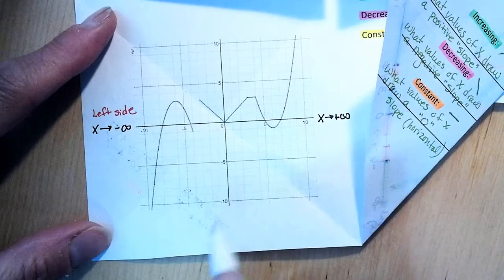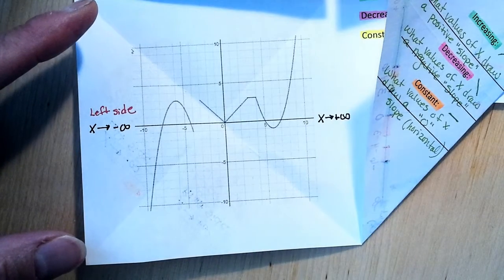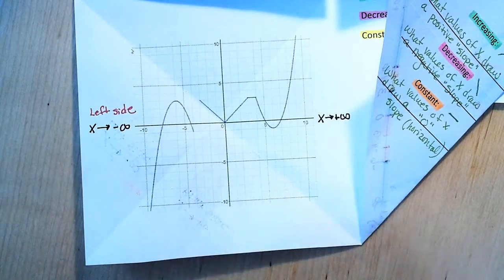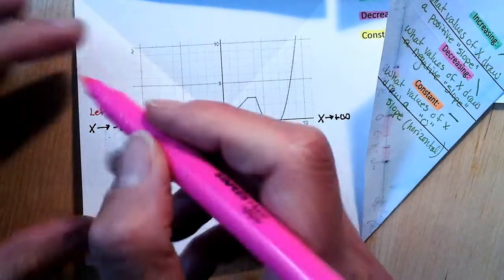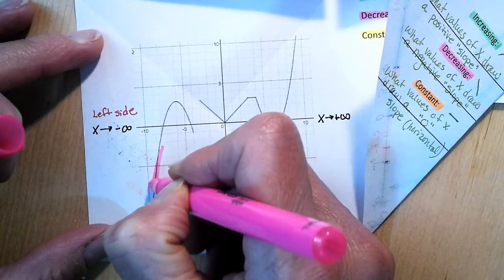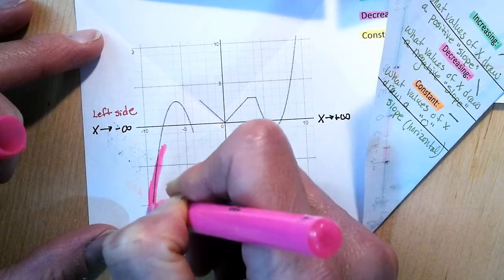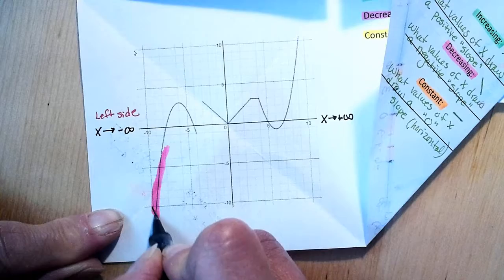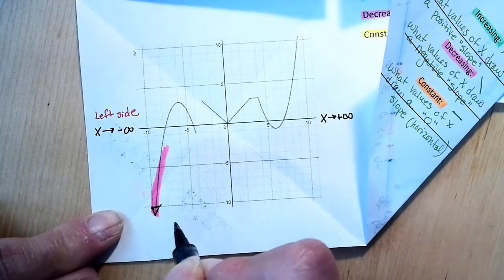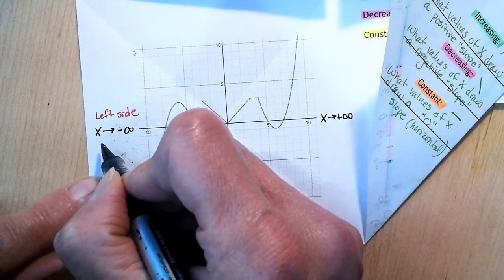So we're just going to look at the left side of the graph. Where is the function going on the left side? The left side is right here. The left side of this function, it is going down, right? So the function goes down.